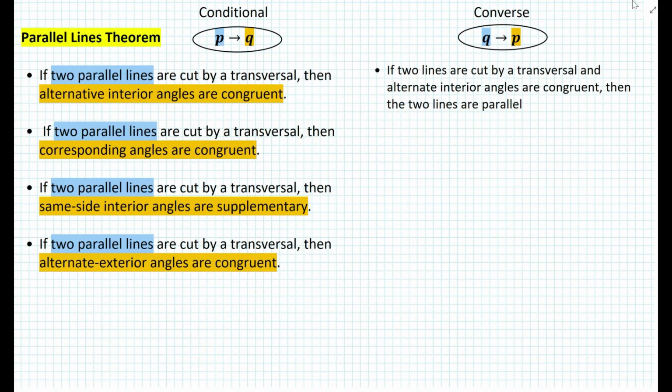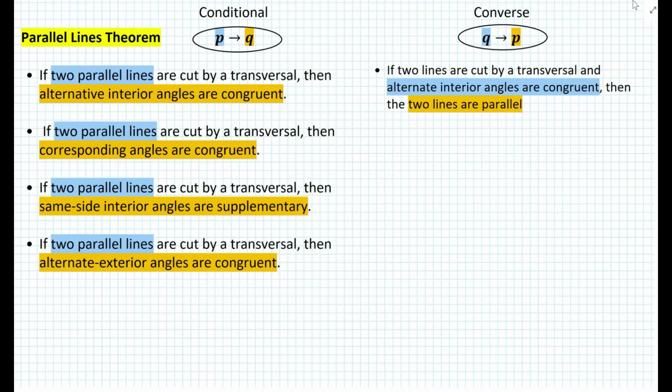So the converse would be if two lines are cut by a transversal and alternate interior angles are congruent, then the two lines are parallel. Notice that the hypothesis starts off with if two lines are cut by a transversal. We're not saying that these two lines are parallel yet until the conclusion. Again, the hypothesis is alternate interior angles are congruent.